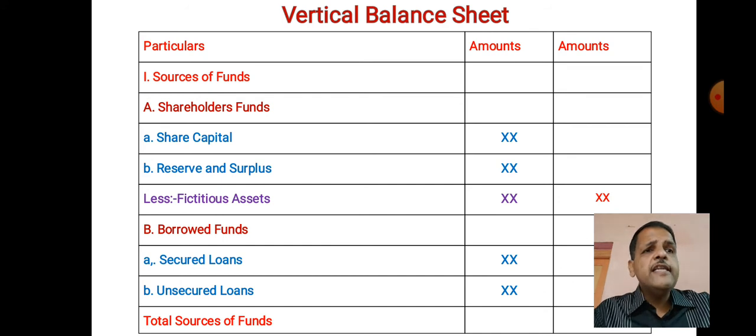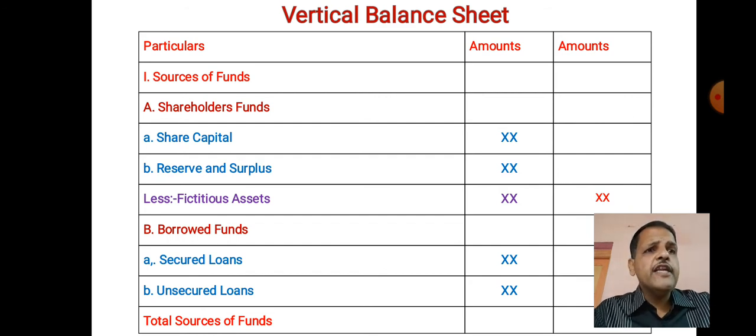Equity share capital is such capital, such shareholders who do not have preference in repayment of capital as well as payment of dividend. Many times, equity shareholders may not get dividend if there is no sufficient profit, because there is no provision that dividend should be given on equity share capital.